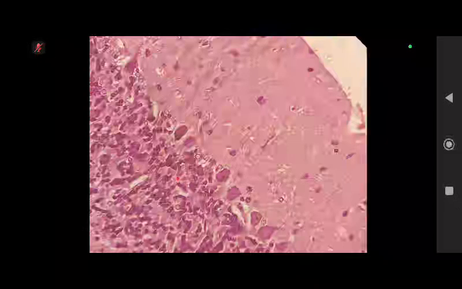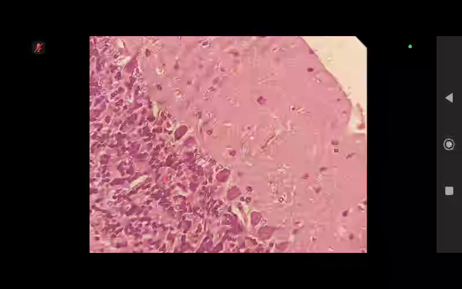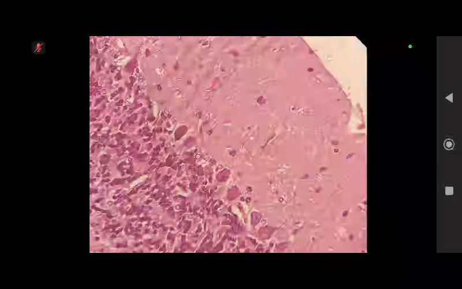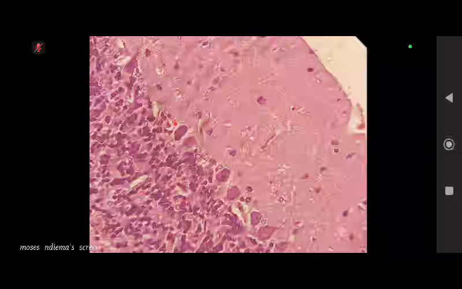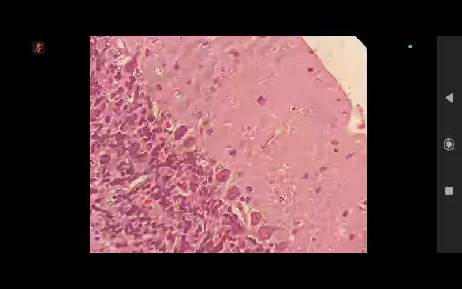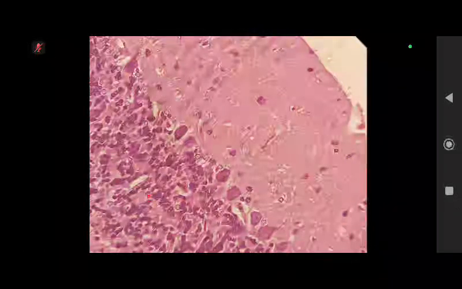We also have some Golgi cells, whose cell bodies are in the cortical part. Their axons extend to the granule cells, and they synapse at the cerebellar glomerulus, with mossy fibers and granule cells.